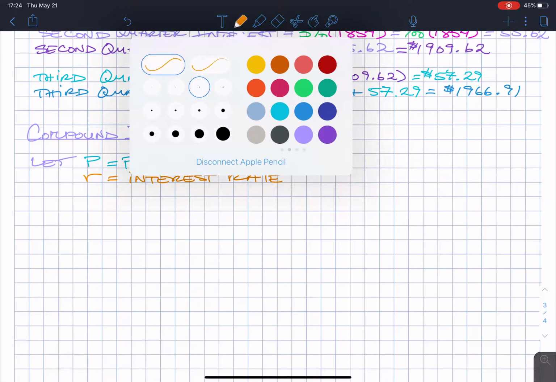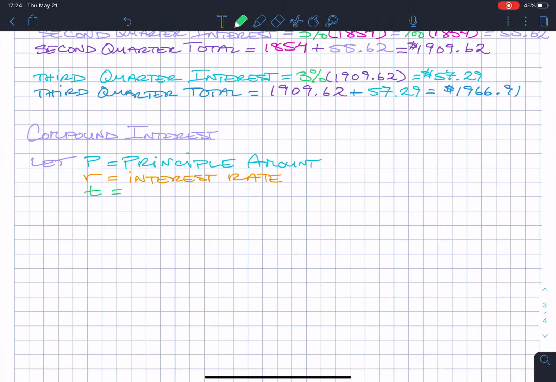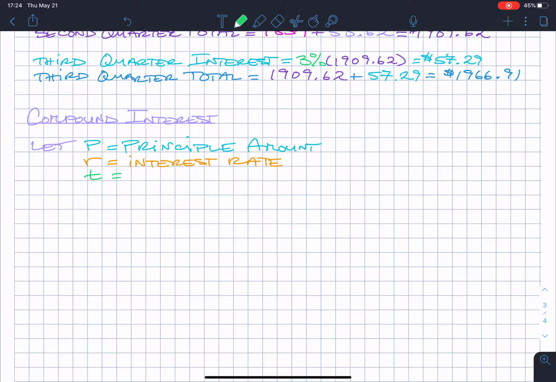Let little t, I'll use green, be the time elapsed with respect to compounding events.